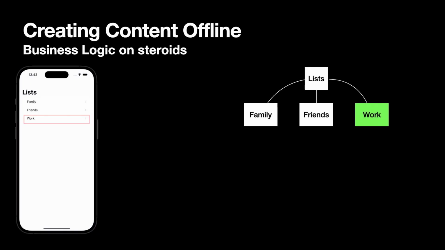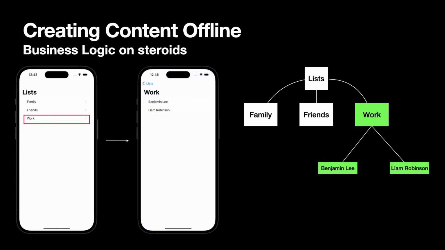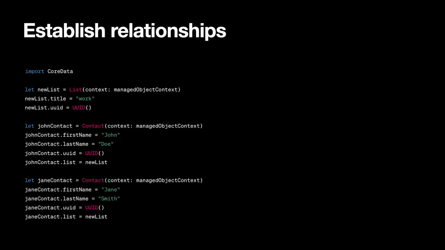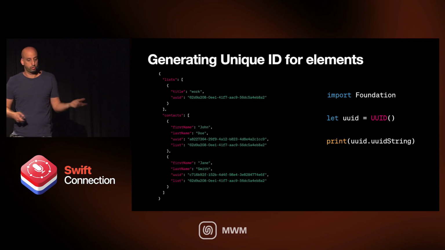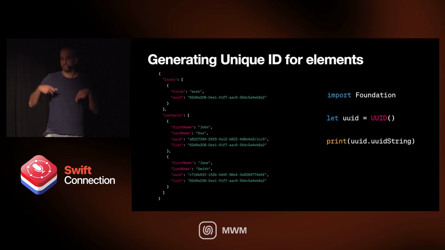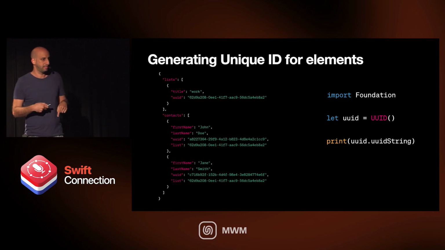It means that if we have a new list that's called work, and then we have 2 items that belongs to work, we need to establish all the relationships offline. We also need to create some unique IDs for the elements offline, because we're going to sync it to the server. The item is created offline on the client, so we need to generate it myself.